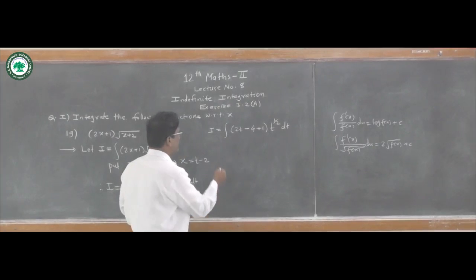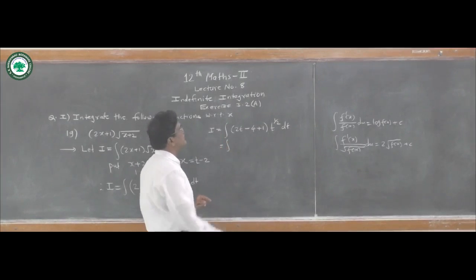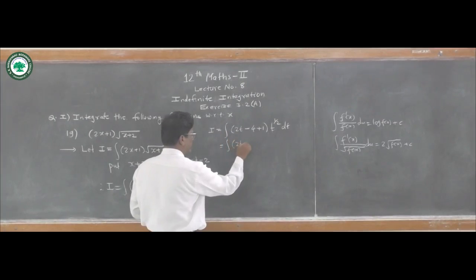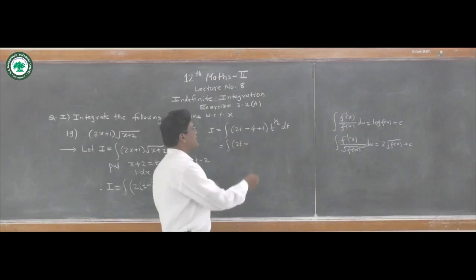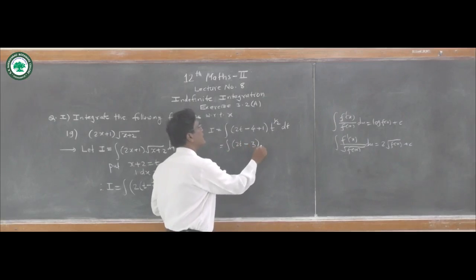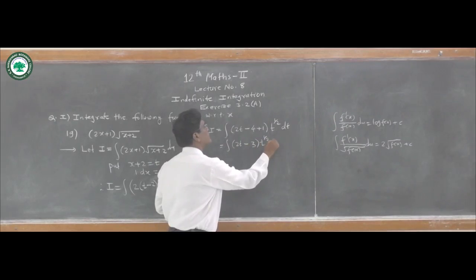So it is equal to the integration of (2t minus 4 plus 1), that is minus 3, into t to the power half dt.